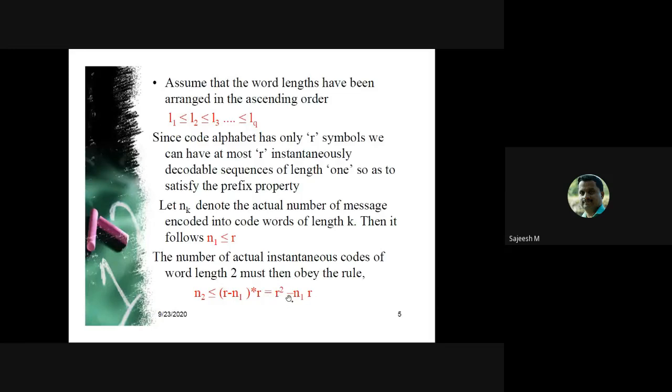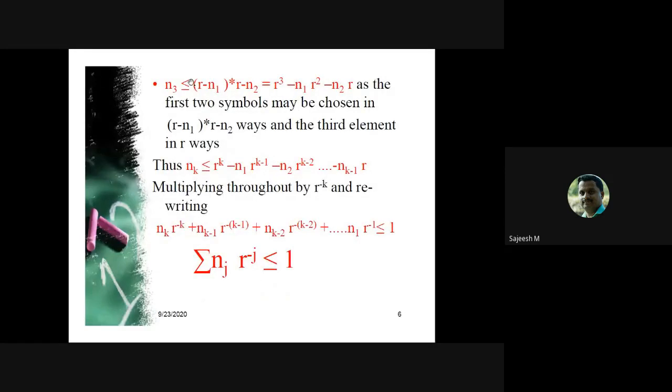Expanding, we get r square minus n1 into r. Similarly, n3 will be less than or equal to r minus n1 into r minus n2. Expanding, we get r cube minus n1 r square minus n2 r. This is because the first two symbols may be chosen in r minus n1 into r minus n2 ways and the third element in r ways.